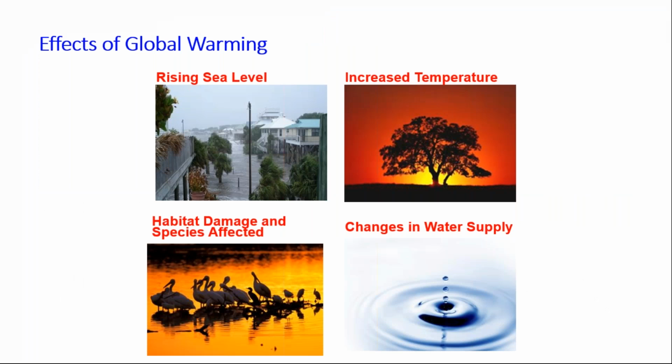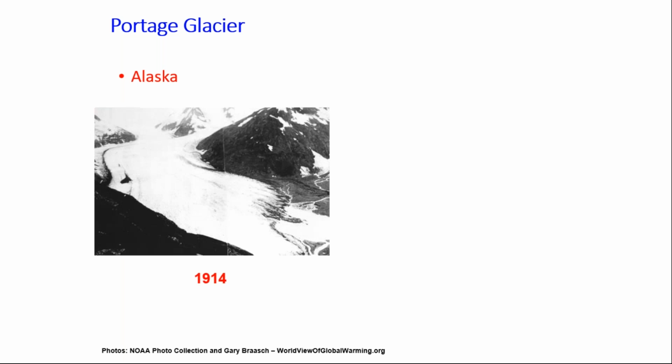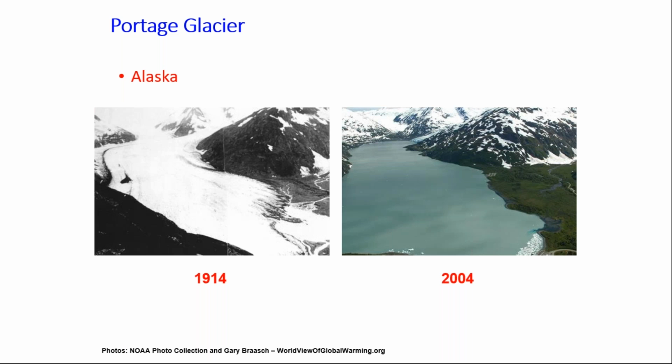And these are the different effects of global warming: rising sea level, increased temperature, habitat damage and species affected, changes in the water supply. Then you can also observe other changes, like Portage Glacier in Alaska. It is the image from 1914 and now it is 2004.